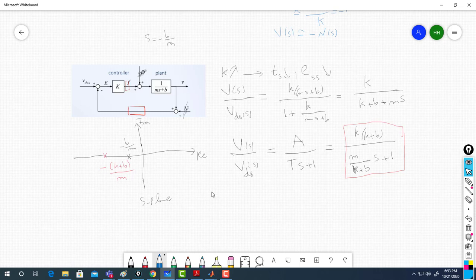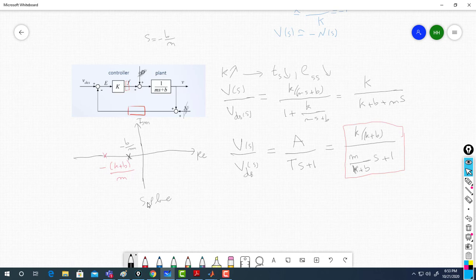Yeah, you asked me this question last time, and I will answer it again. Your old system, your pole was here. That's the old location for your pole.